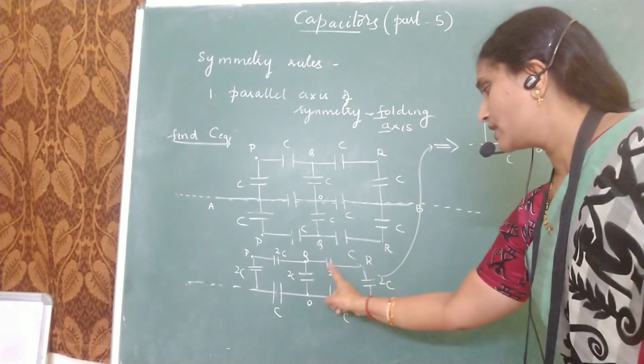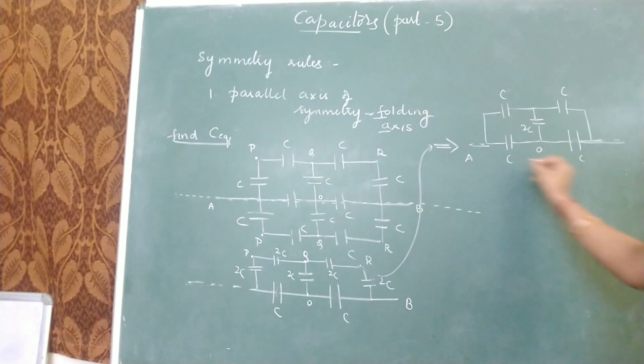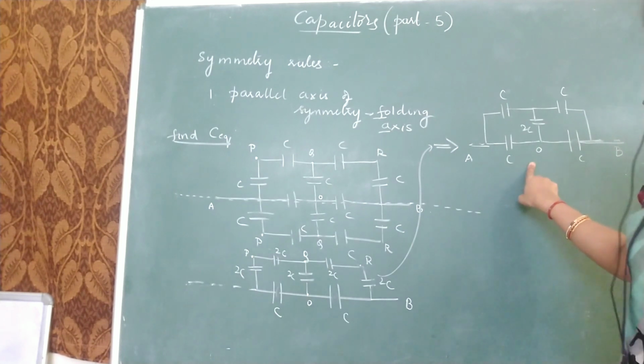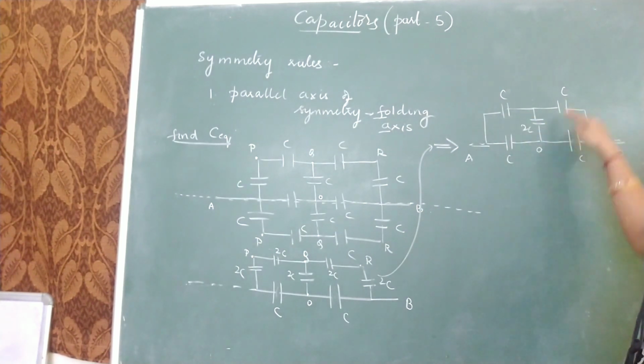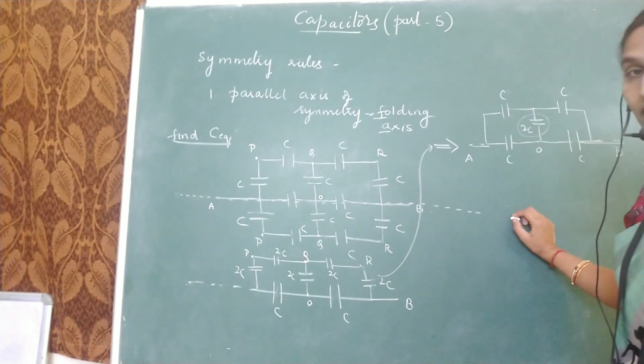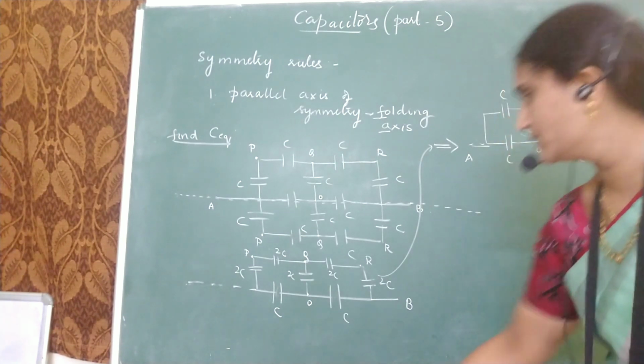Again 2C and 2C are in series, so it will become C. This point is A and this point is B. Now you can see it's a simple Wheatstone bridge principle. C by C is equal to C by C. So this is your central capacitor, and since it's a balanced Wheatstone bridge, you can remove this central capacitor.